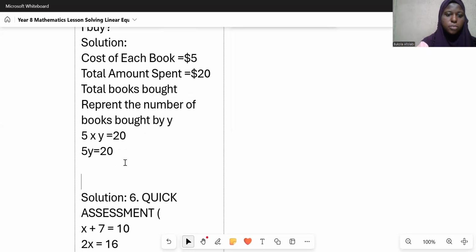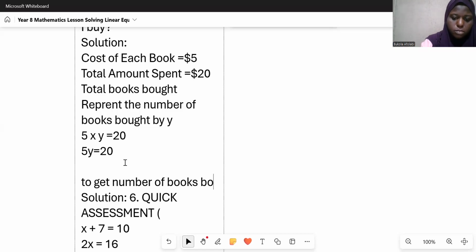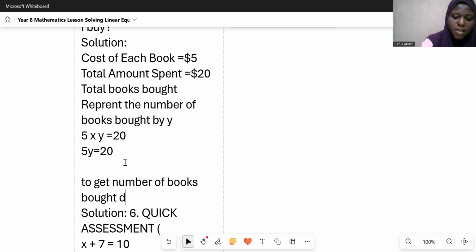So to get the number of books bought, we will divide both sides by 5.